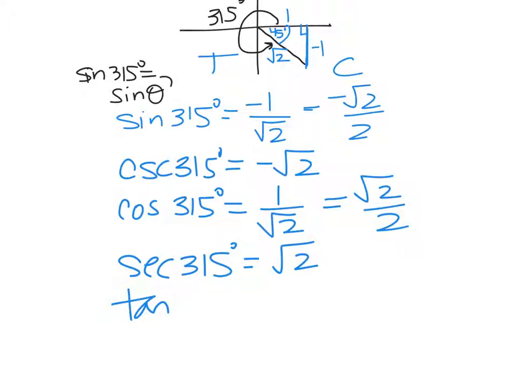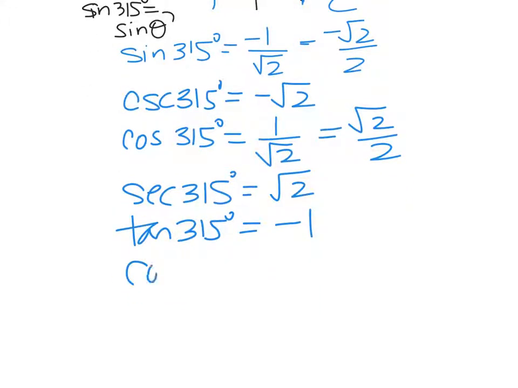Tangent of 315, TOA, so opposite over adjacent is -1 over 1, which is still just -1. And then finally, cotangent is the reciprocal, bless you, which would also be -1. Okay? So that's how you do it.